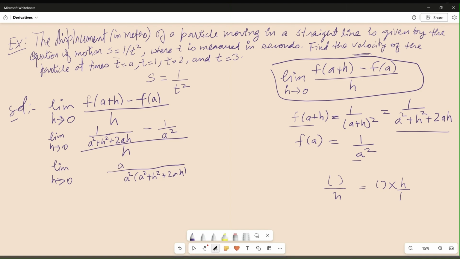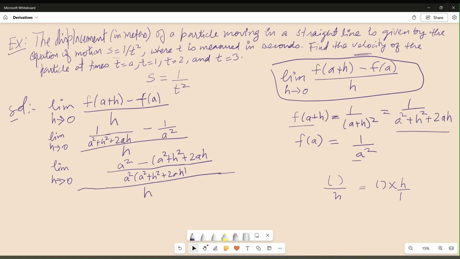This is going to be a squared minus, this is going to be 2h divided by h. This whole expression is divided by h.